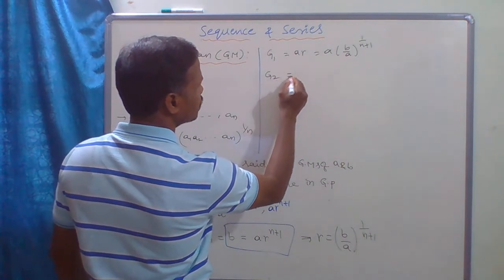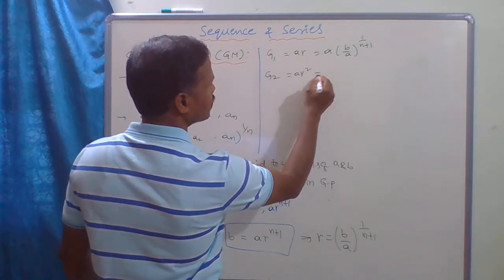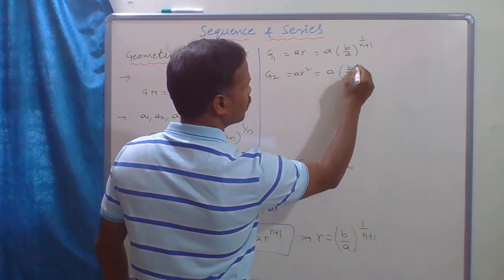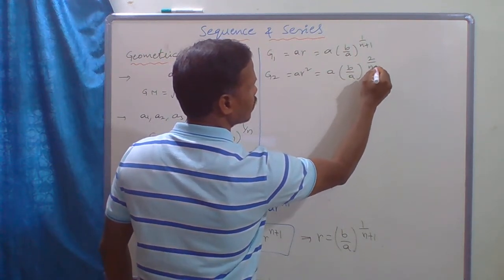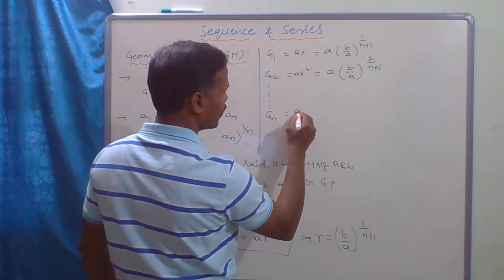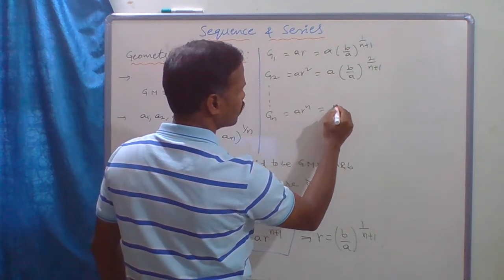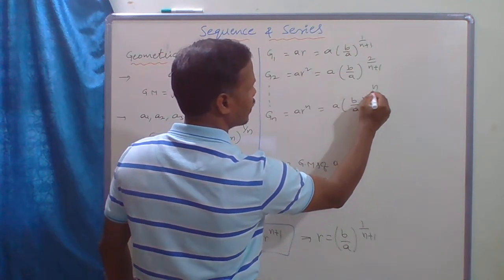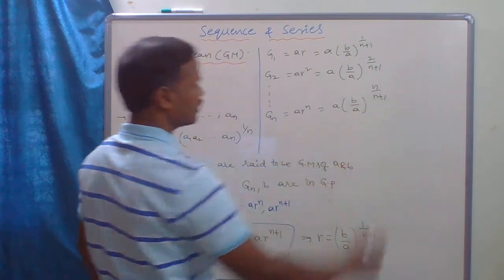G2 is AR square, which is equal to A into B by A whole power 2 by n plus 1. So on. Then what is Gn? Gn equals A into R power n, which is equal to A into B by A whole power n by n plus 1. Clear?